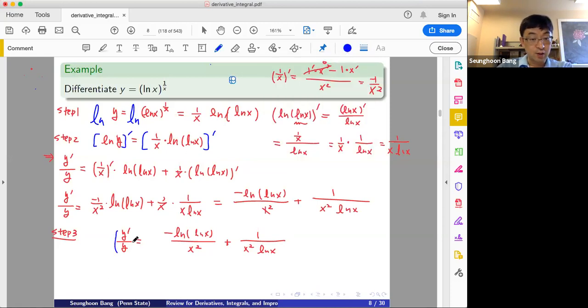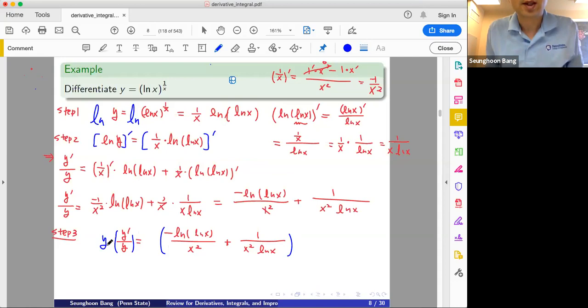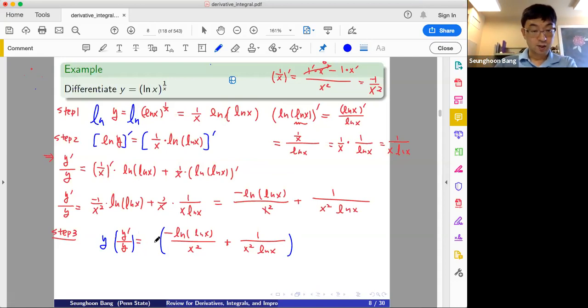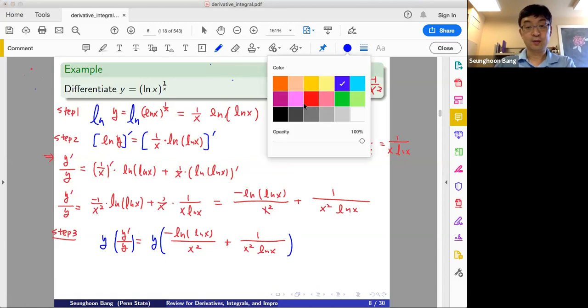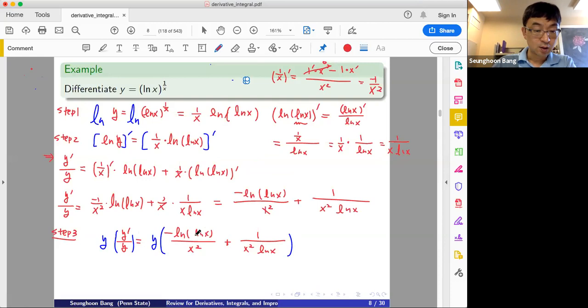Step 3 is to multiply both sides by y, because we have to solve this equation for y prime. So what happens? Cross out y. The final answer is y prime is, what's y?